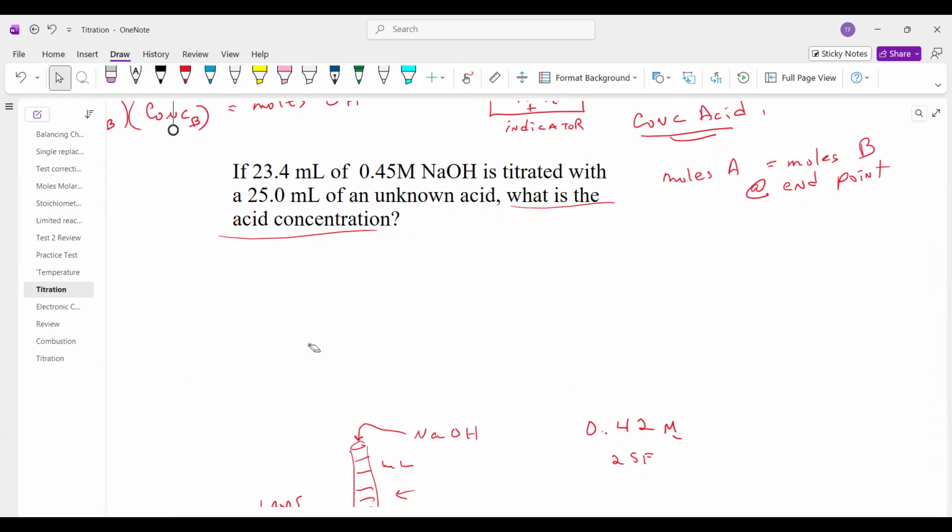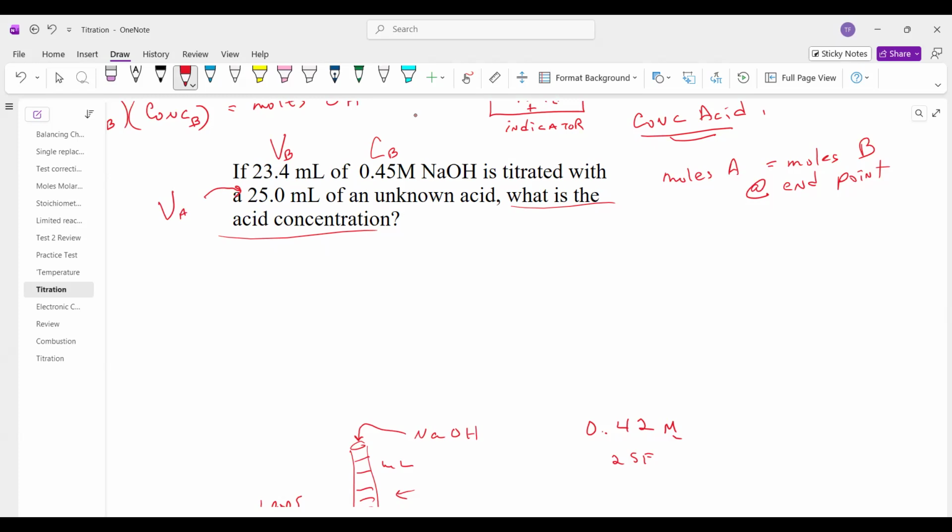So we have volume and concentration of the base. And we've got the volume of the acid, but we don't know the concentration of the acid.